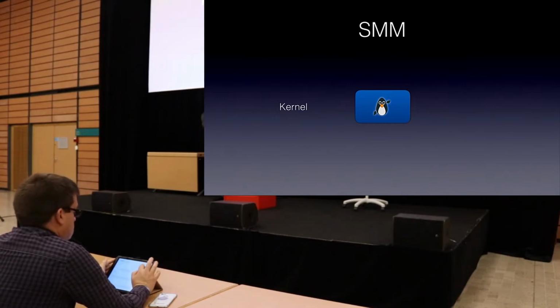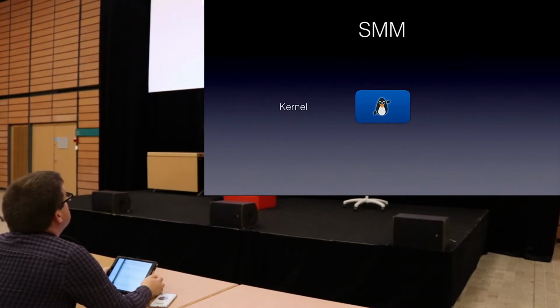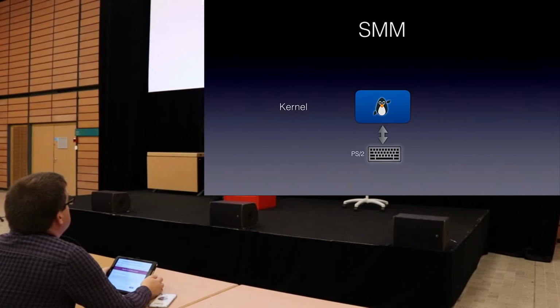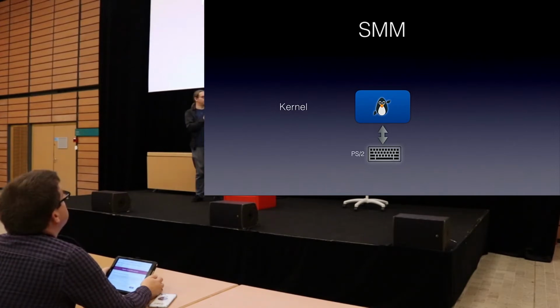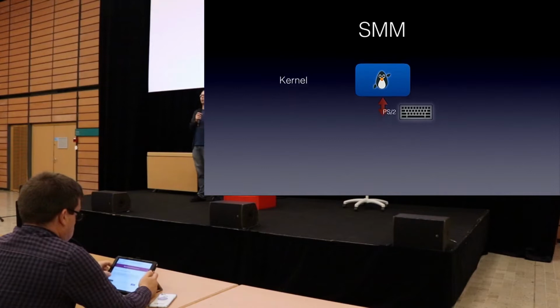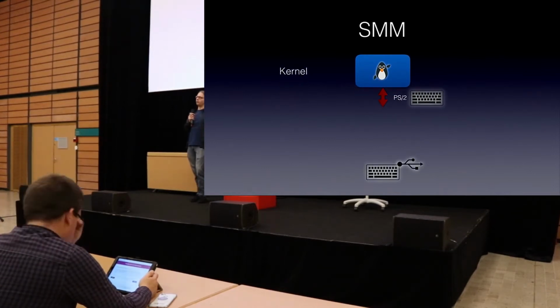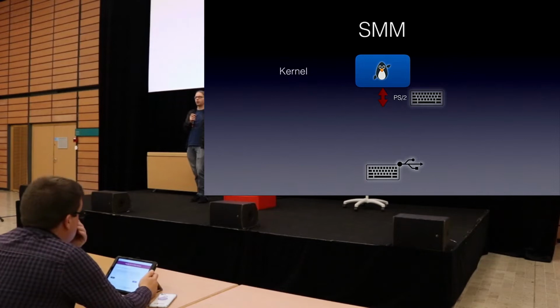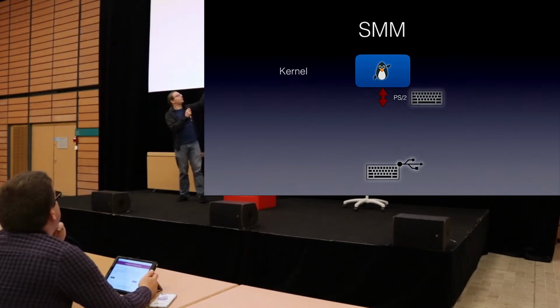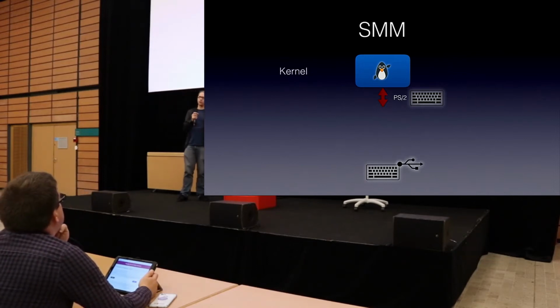I'm drawing Linux here, but it's not really meant for Linux. You have a kernel, and that kernel wanted to, for example, talk to hardware using a PS2 keyboard controller. Unfortunately, the world moved on, and we started plugging USB keyboards into our systems, which don't have a PS2 keyboard controller anymore. So how do you bridge that gap between an operating system that talks to your legacy keyboard controller and a USB device that you need to drive?